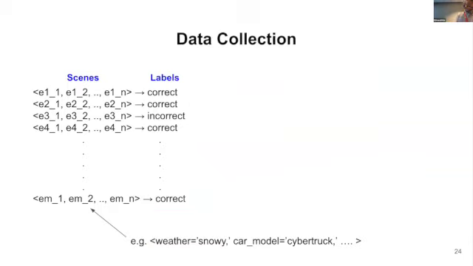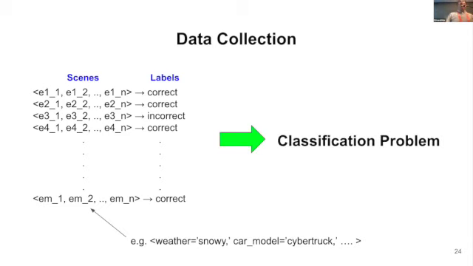And how does that scene look? As you saw, it's over weather condition, car model, and so on. And then we're also logging information about how your perception model is performing on those scenes that we sampled. So this is a classification problem now, right? That's how we formulated the problem.